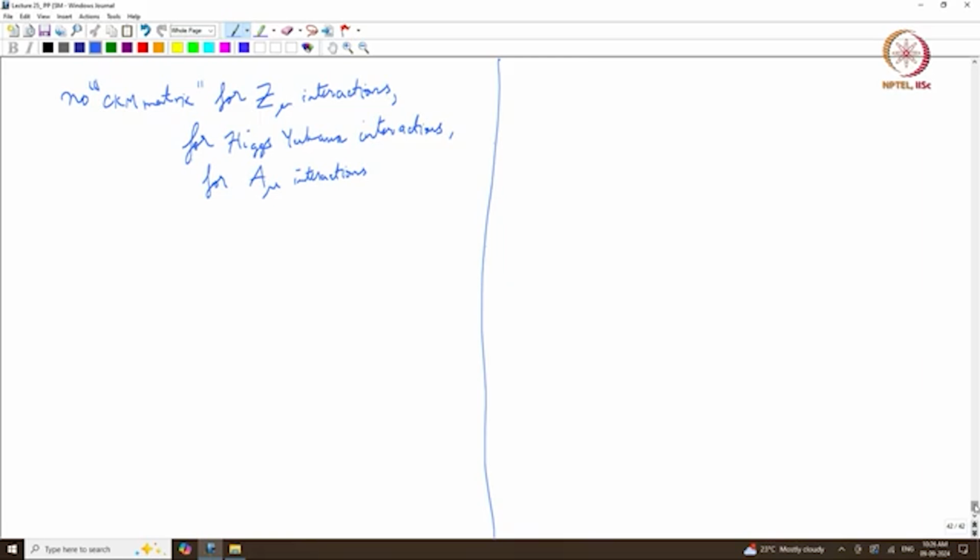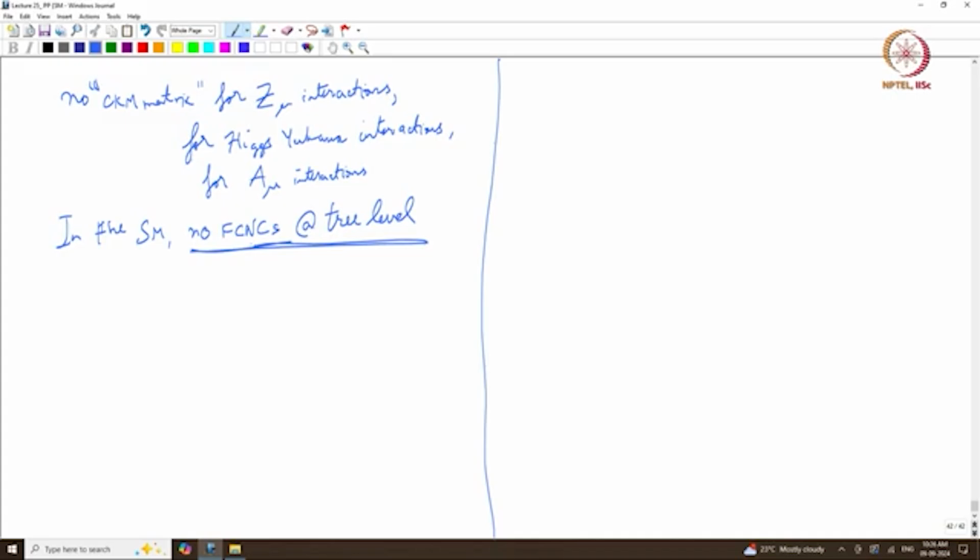So, the claim then is in the standard model there are no flavor changing neutral currents at tree level, okay. This is a very important statement, has very important consequences.